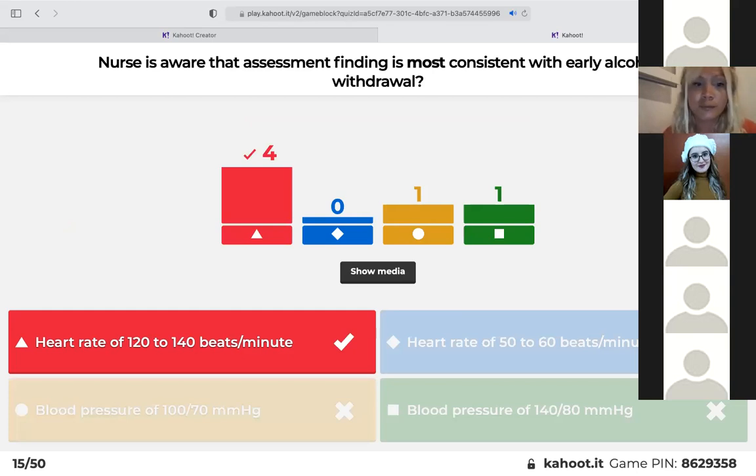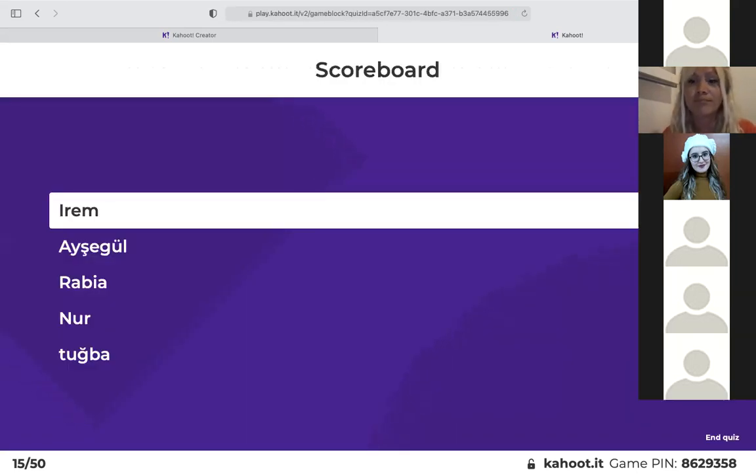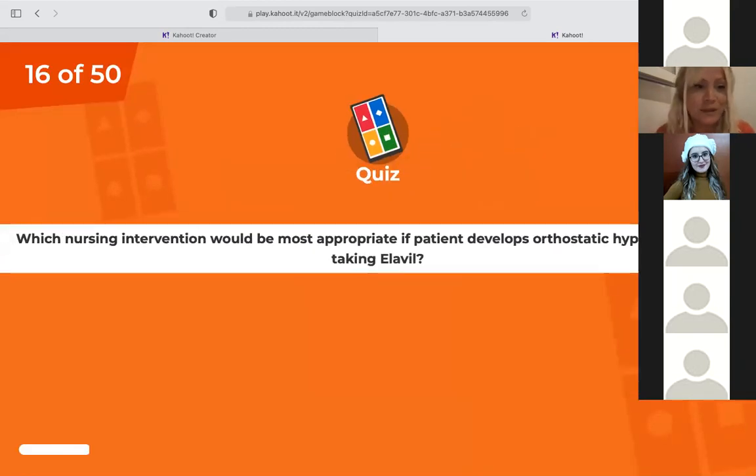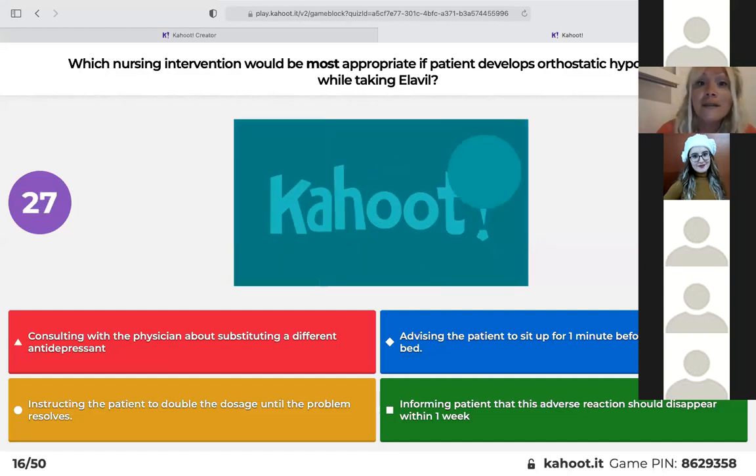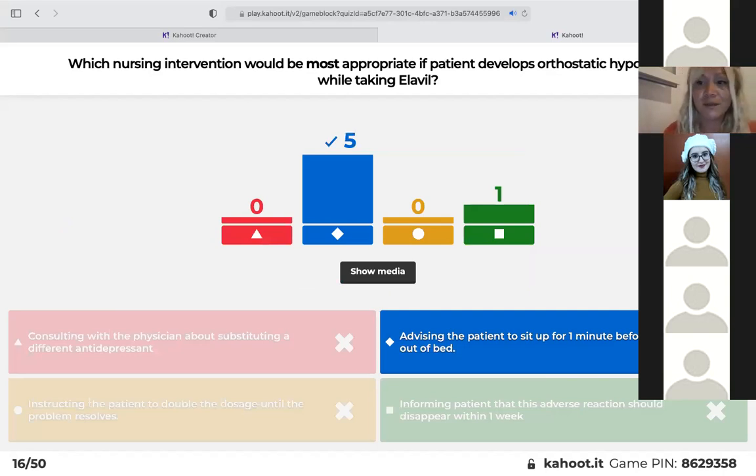Next question. Which nursing intervention would be most appropriate if a patient develops orthostatic hypotension while taking medication?